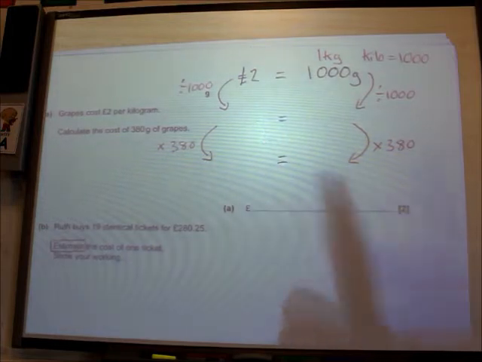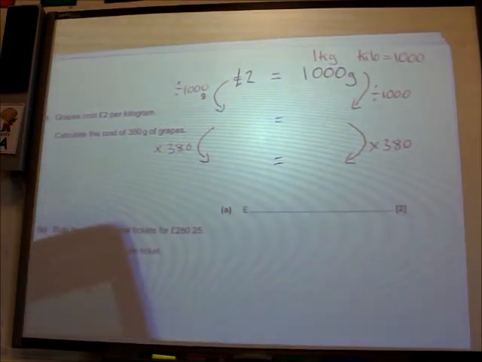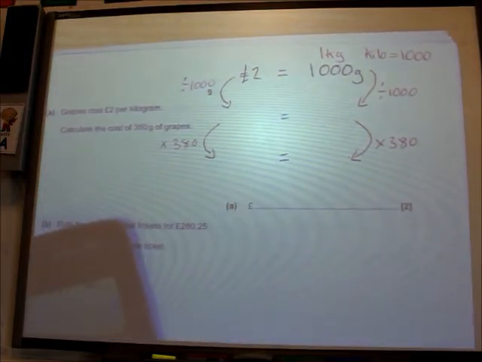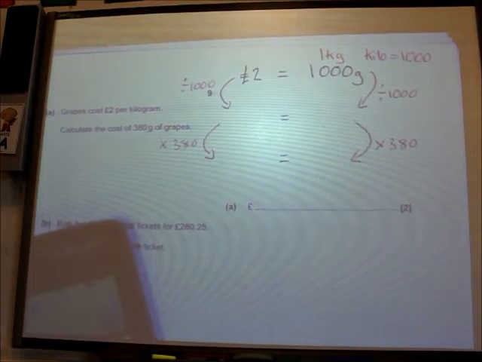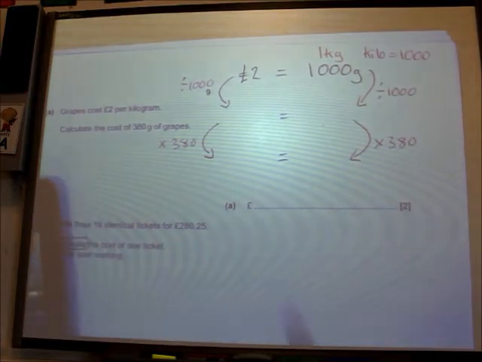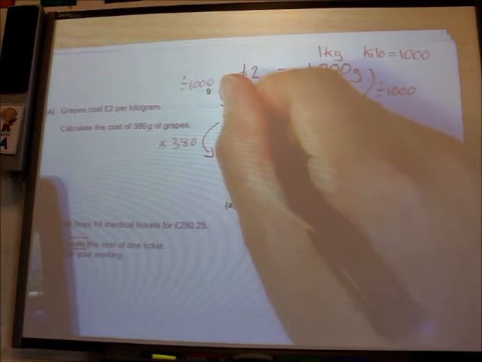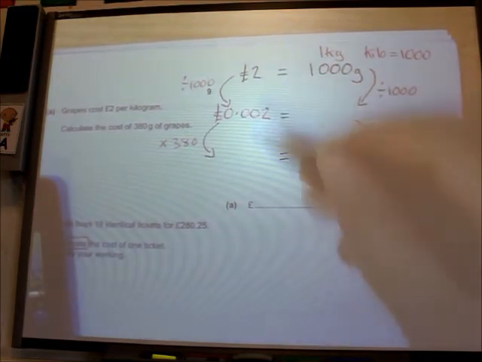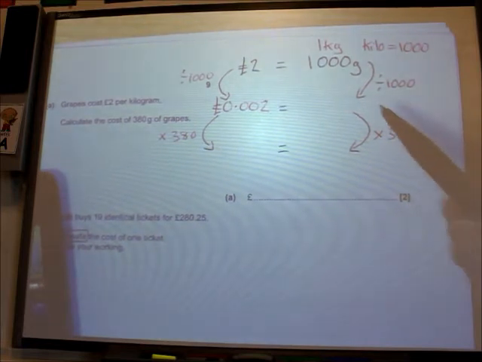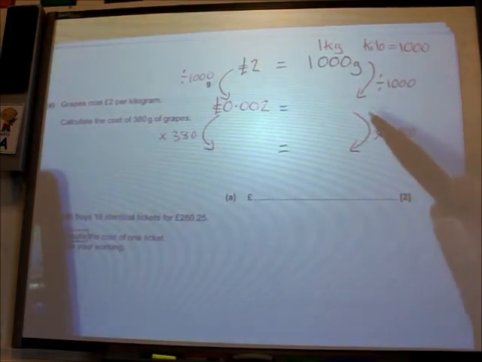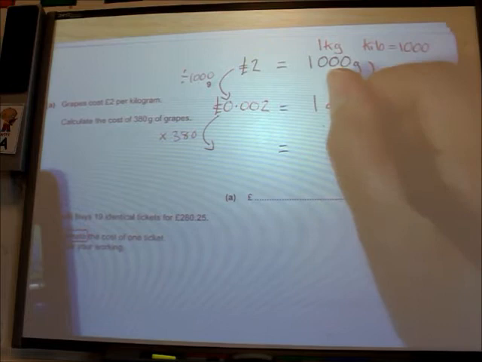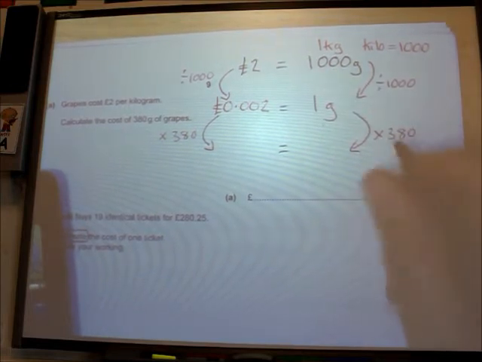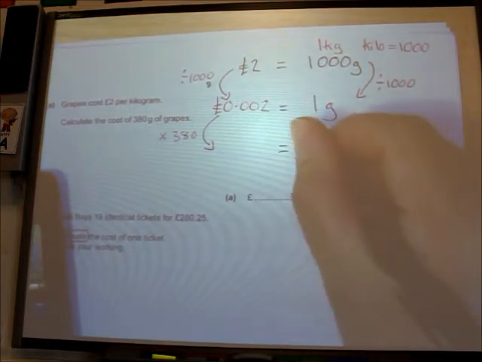So £2 divided by 1,000, that is going to give you 0.002. That's still in pounds. I've not converted it to pence, it's still in pounds. Then that's 1 gram. So now you want to know the price of 380 grams. So you multiply both sides by 380.